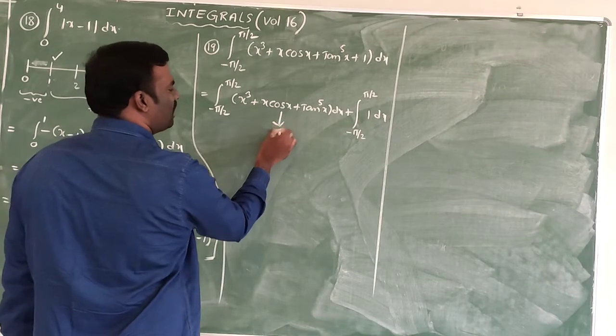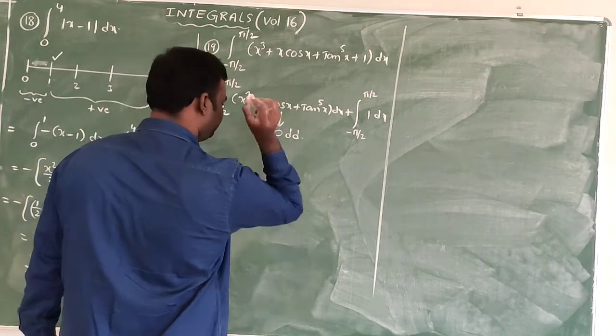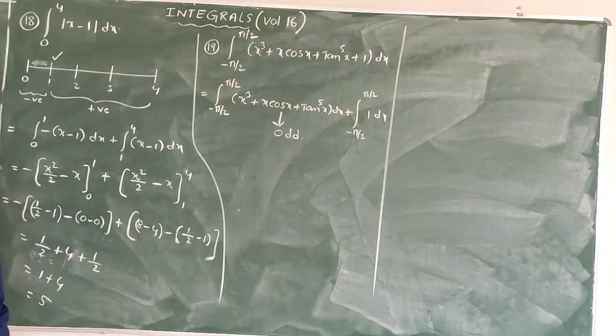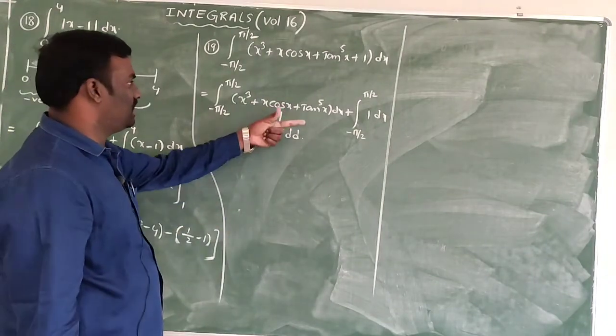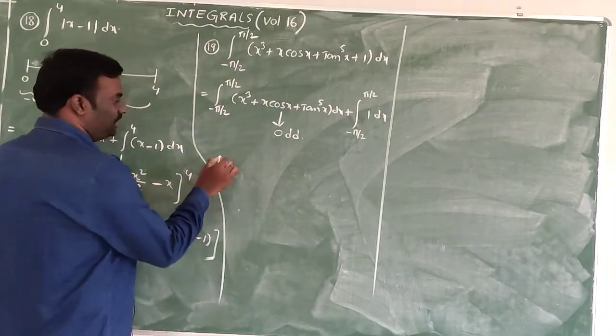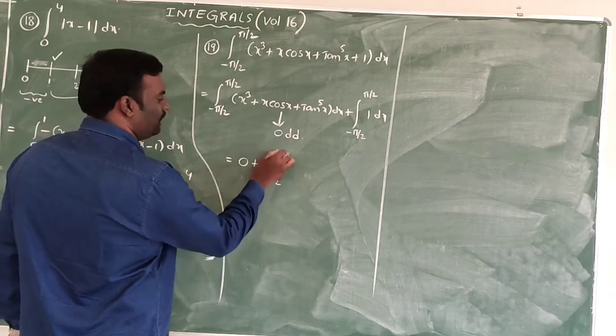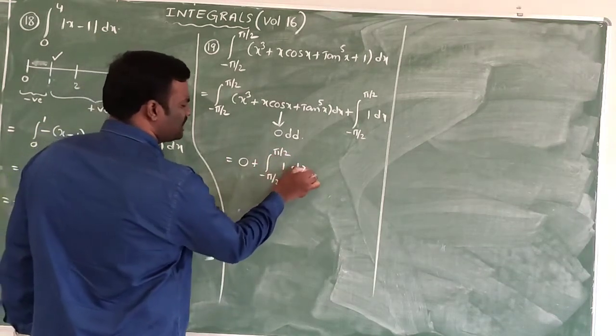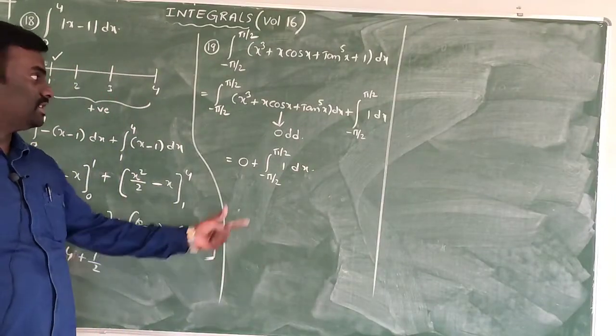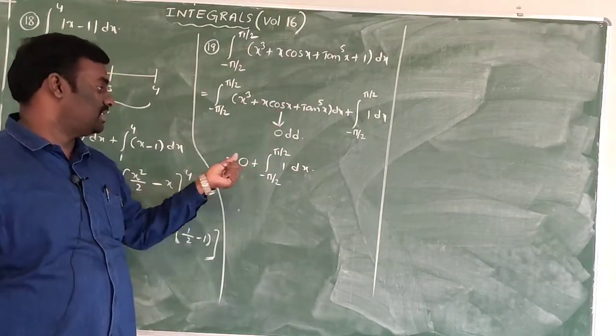This is an odd function. According to the property, if it is an odd function, the total value is 0. Therefore, 0 plus integral minus pi by 2 to pi by 2 of 1 dx.